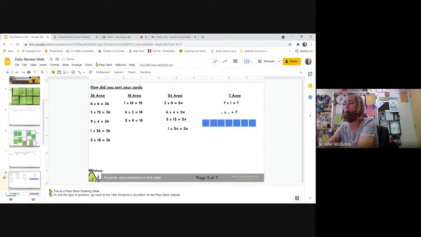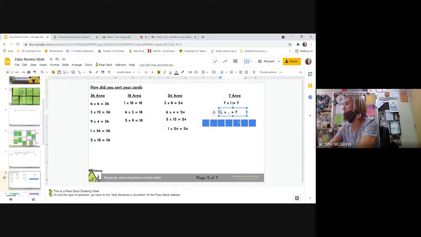So here's my box, my rectangle, right? Is there any way for me to rearrange these 7 tiles to put a number here? Think about it with your table for one quick second. Okay.